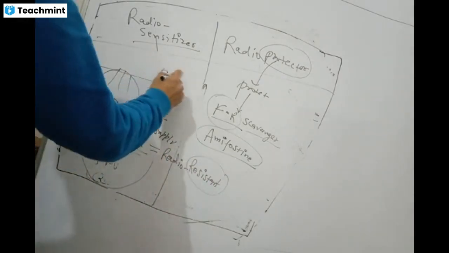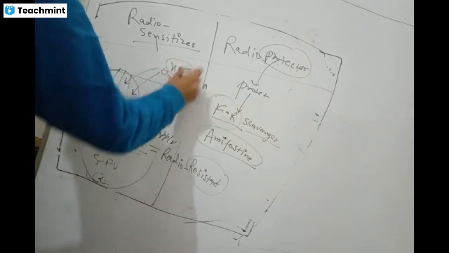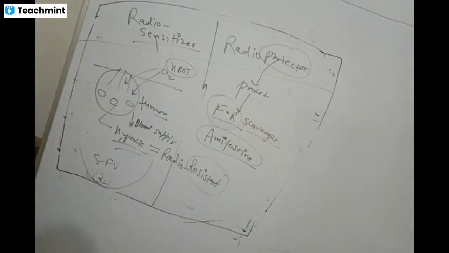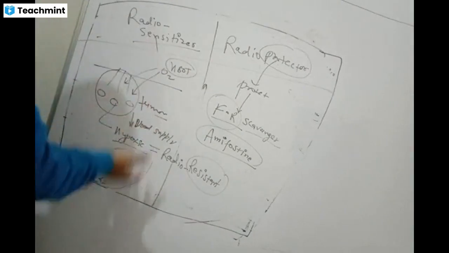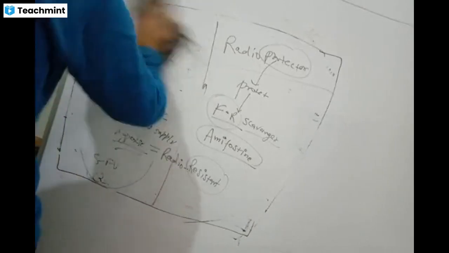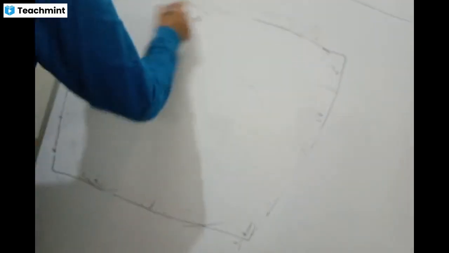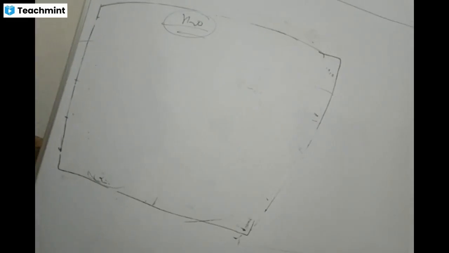So to make them radiosensitive from outside, we can give oxygen, HBOT, hyperbaric oxygen therapy. Before starting the radiotherapy, we give oxygen therapy to the patient so that the oxygen helps in generation of more free radicals, and it will sensitize the tumor and help our radiotherapy. So before taking a patient to radiotherapy, first we should give oxygen. And a good source of oxygen is water. So give water to the animal, and that will generate free radicals.